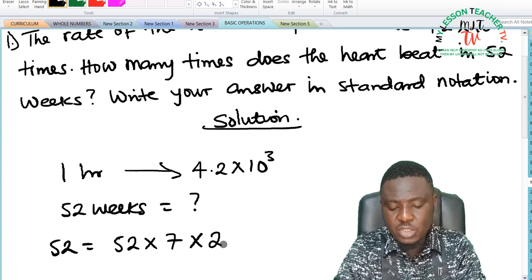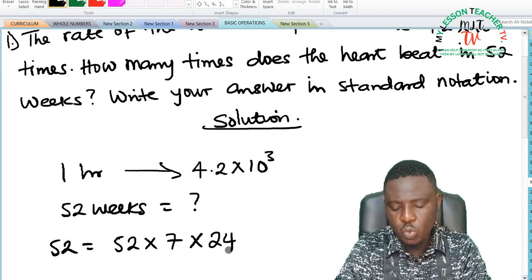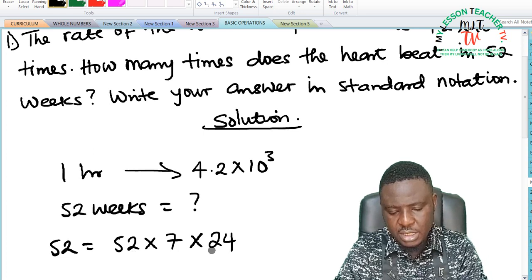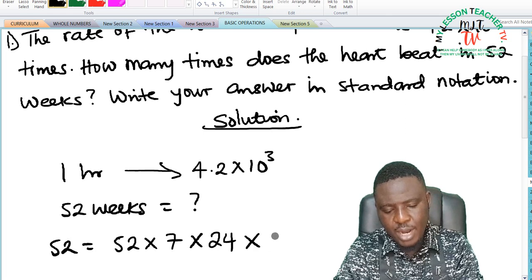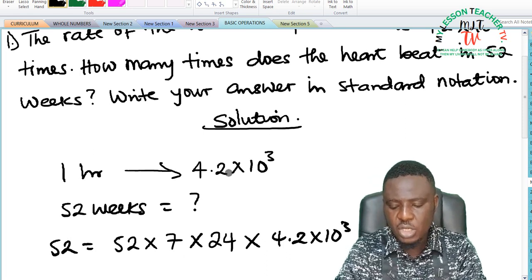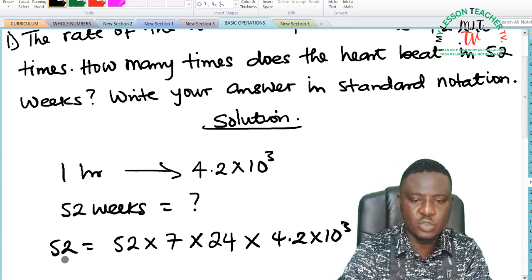In a day is 24 hours. So when you multiply 52 weeks times 7 days times 24, to be multiplied by 4.2 times 10 raised to the power of 3, gives you the number of heartbeats you will get in 52 weeks.